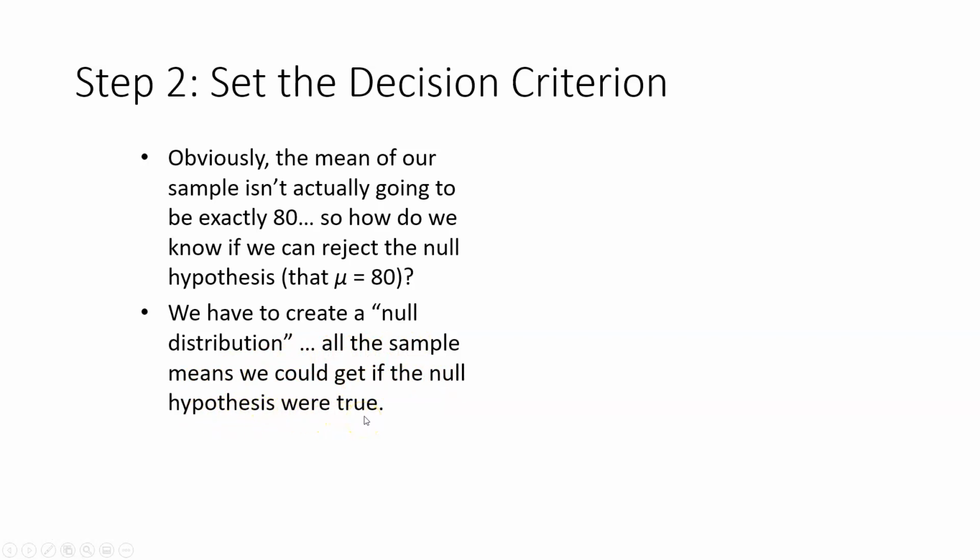So imagine that the null hypothesis is true, that the electrical stimulation doesn't actually do anything. And from that population, where the electrical stimulation didn't do anything, we drew sample after sample after sample, and we computed the average of each one of those. It should be centered around 80, but some of the samples are not going to be exactly 80.